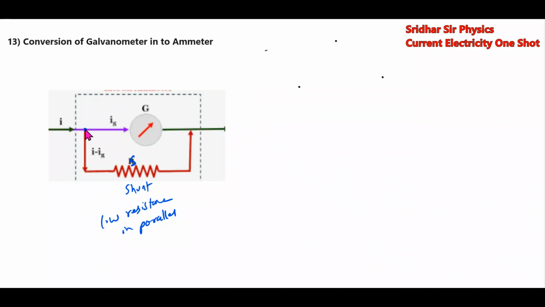Then these two are parallel. So Ig into G is equal to (I minus Ig) into S. So the shunt is equal to Ig into G by (I minus Ig). This I is the maximum current to be measured.